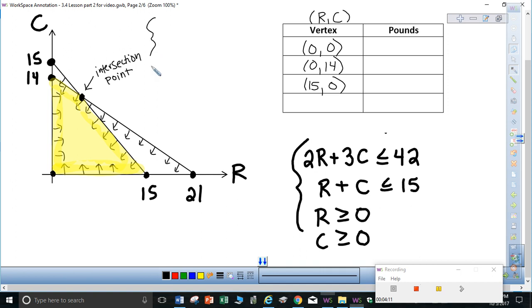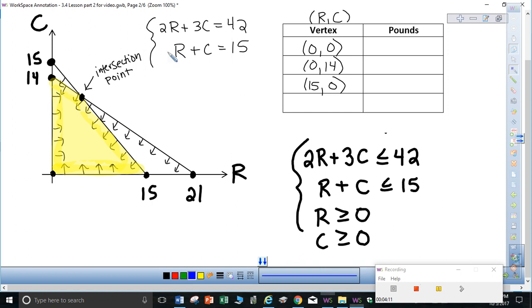And so if we turn those into equations, 2r plus 3c equals 42 and r plus c equals 15, remember that when you solve a system of equations, you get the point of intersection. So when you solve the system, you can solve using substitution or elimination. I'm going to do elimination.